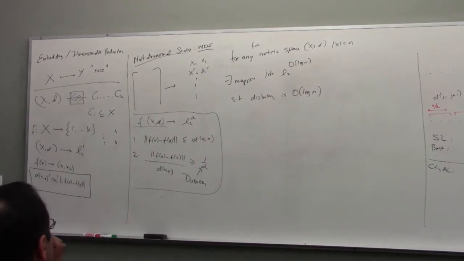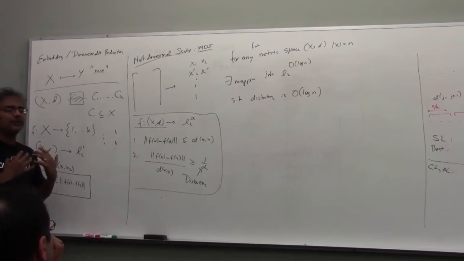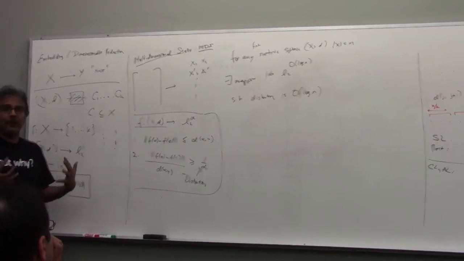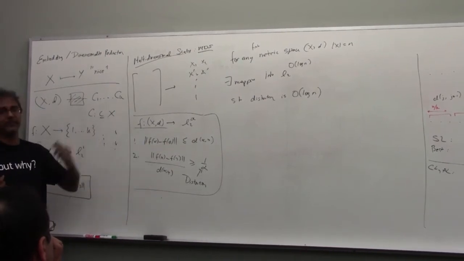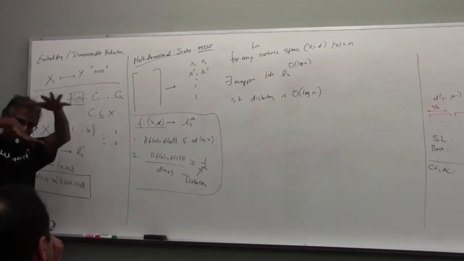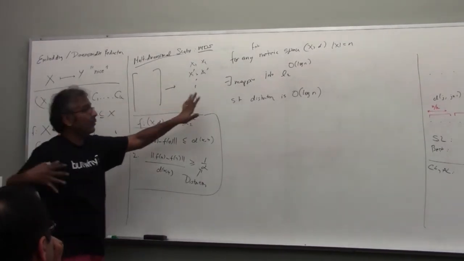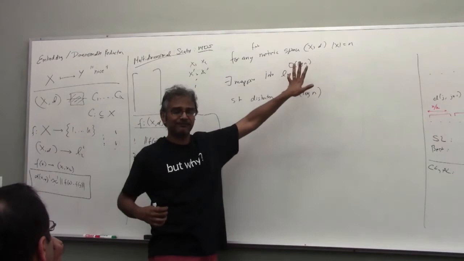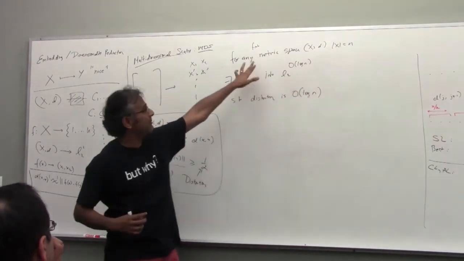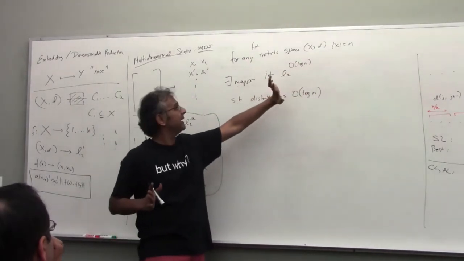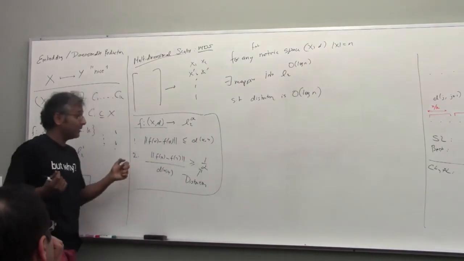Okay, so just let's parse this for a second. What this says is that if you want to embed an arbitrary metric space with n objects in it into Euclidean space, the amount of room you need only be log n dimensions. Okay, so if there are n points, you need only log n dimensions, and the distortion you will pay will be log n.